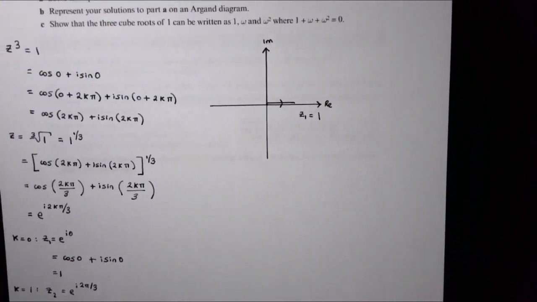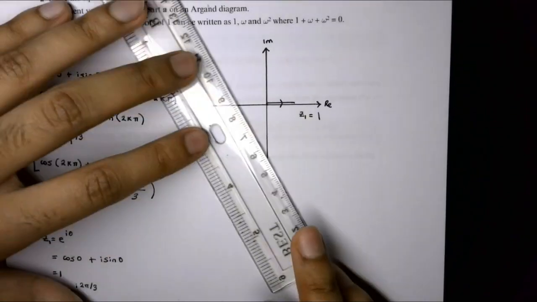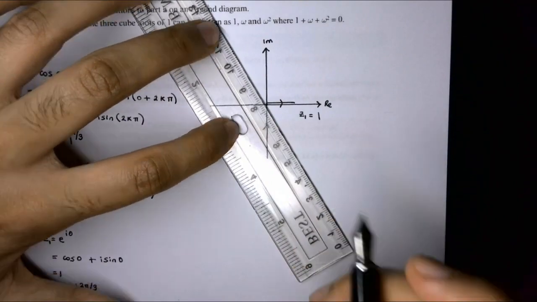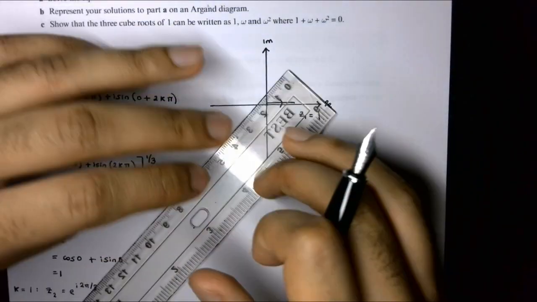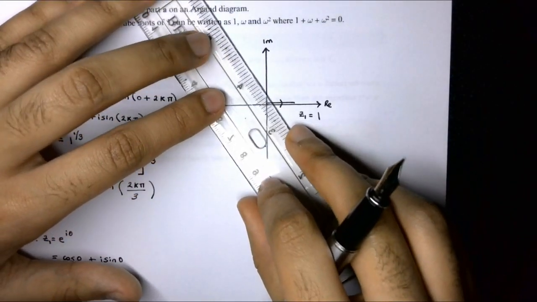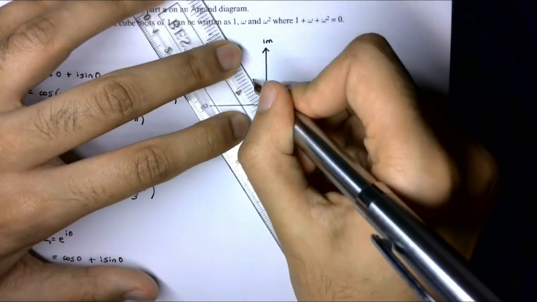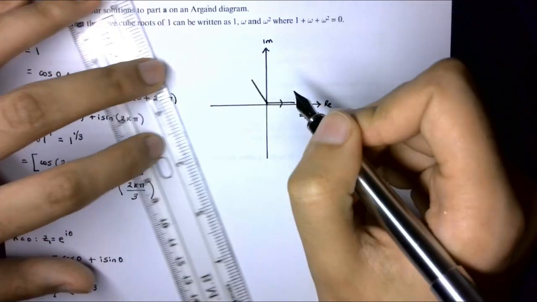So if we were to plot this on the Argand diagram, we have something looking like this. Let's just make sure we keep the same radius. So here we've got this line over here.